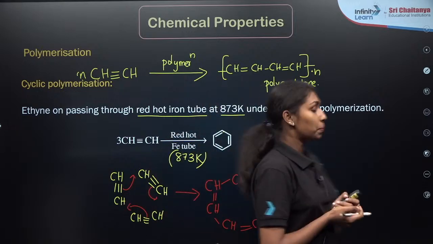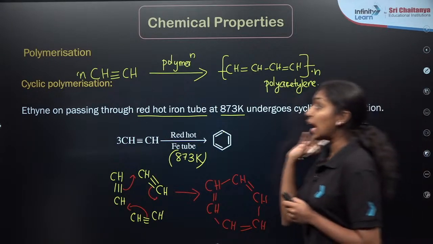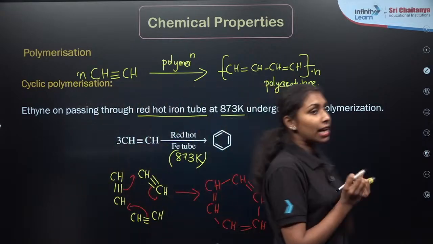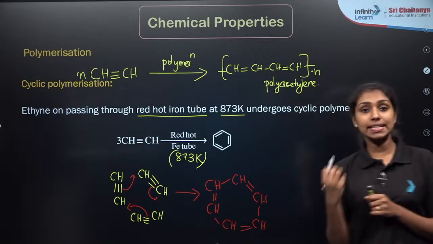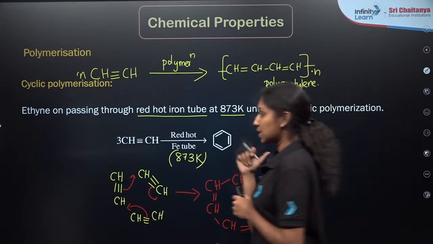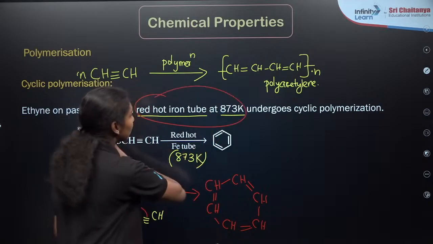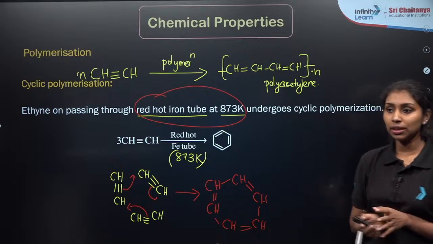Right, this will be our benzene molecule. Is that clear? So cyclic polymerization of alkynes is very, very important. This is one of the methods of preparation of aromatic hydrocarbons, which we are going to discuss in the next class. Method of preparation of benzene or the aromatic hydrocarbons. This condition is very, very important. Red hot iron tube at 873 Kelvin. Is that clear? Can we move to the last part?